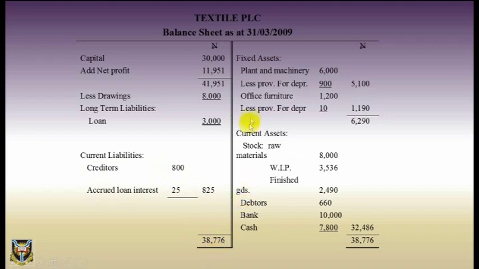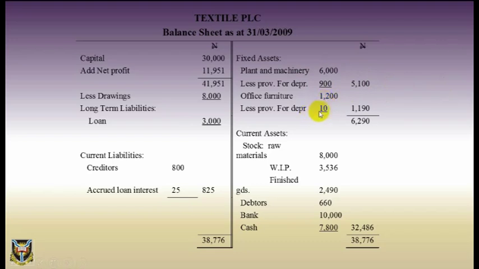On the right, fixed assets. Plant and machinery 6,000. Less provision for depreciation 900, making 5,100 on subtraction. Office furniture 1,200.